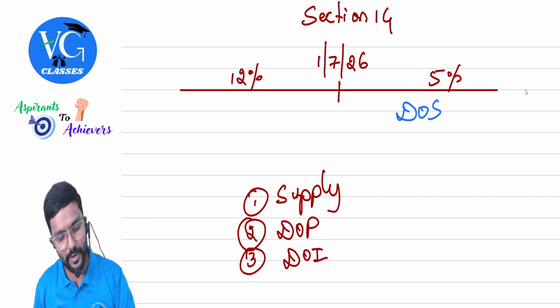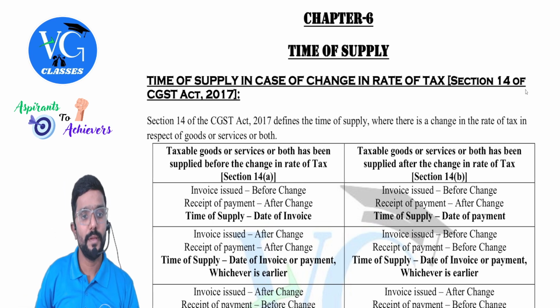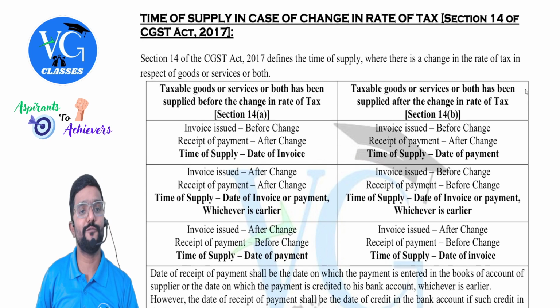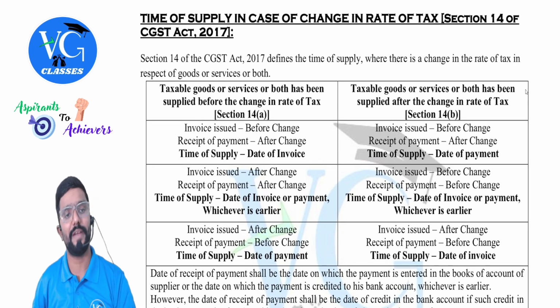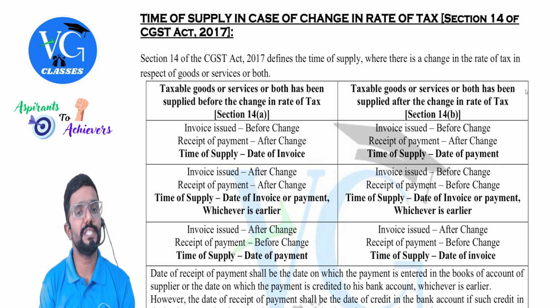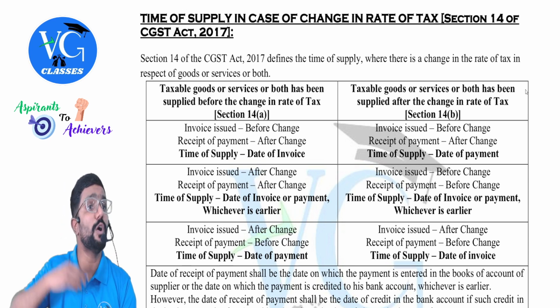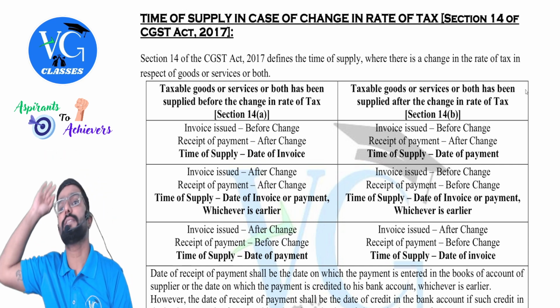Yes. Let me read the provisions now. Pay attention. Time of supply in case of change in the rate of tax. Section 14 of CGST Act 2017 defines the time of supply where there is a change in the rate of tax in respect of both, underline that, goods as well as services.